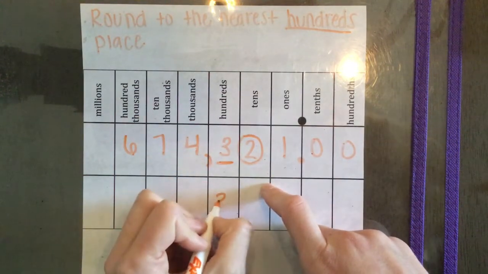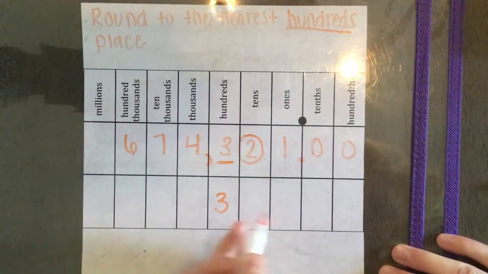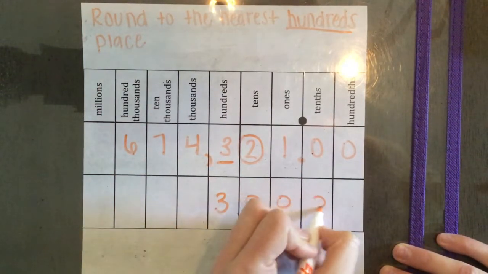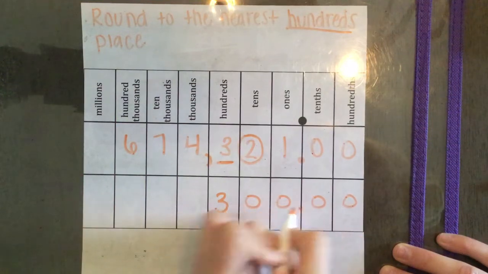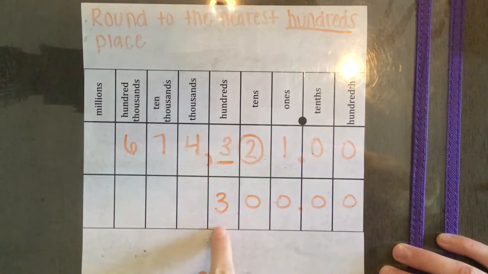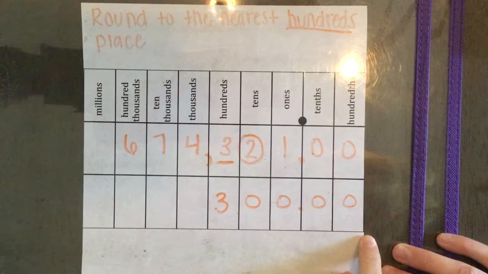That 3 can just stay the same, and everything after it becomes a 0. Now remember, everything to the left of that number just stays the same. The only time you change things to a 0 is if it's on the right-hand side.